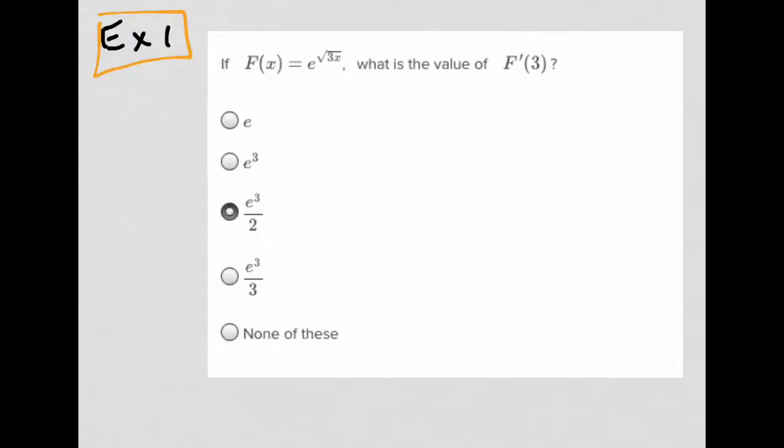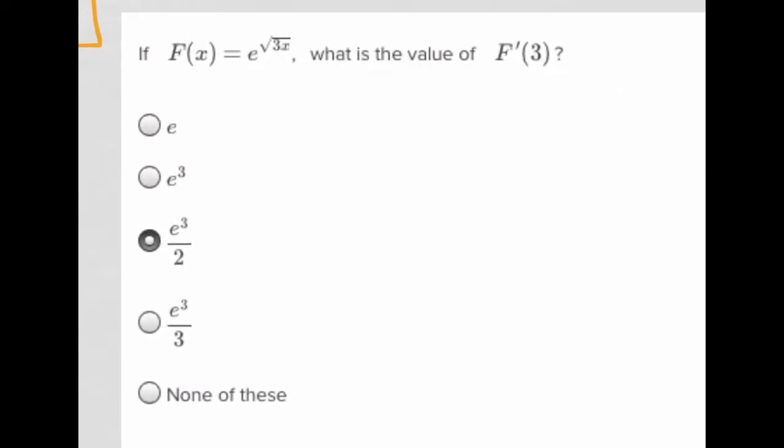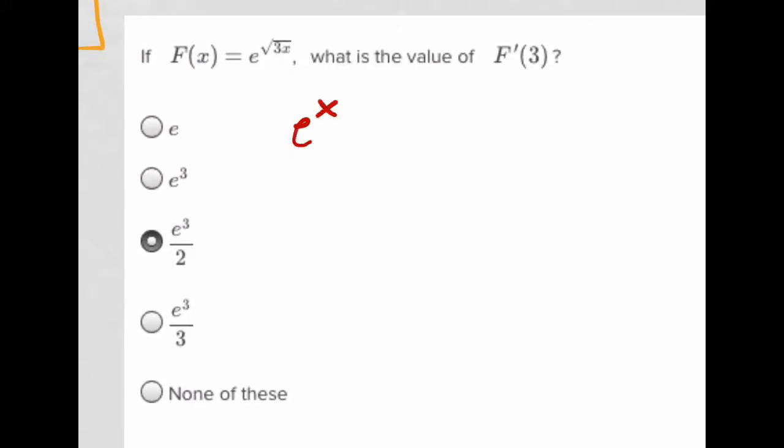I accidentally already wrote the answer to this one, but here it says, what is the value of f prime of 3? That means take the derivative using chain rule, and then plug in a 3. So first, I'm going to write down my 3 functions, just so I don't get confused. I know I have an e to the x function, a square root function, and a 3x function.